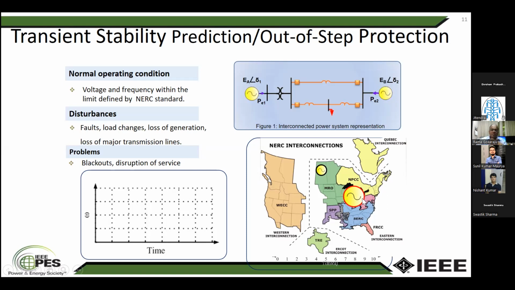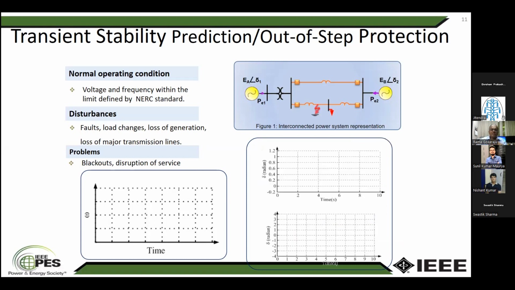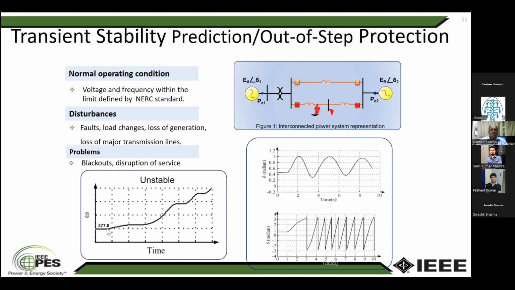If some disturbance happens on the system, it could be either a stable swing, which is fine, and at steady state we recover back to our synchronous frequency, or it can be an unstable condition. Then the angle becomes 180 degrees, and when the angle becomes 180 degrees, we start having pole slips.